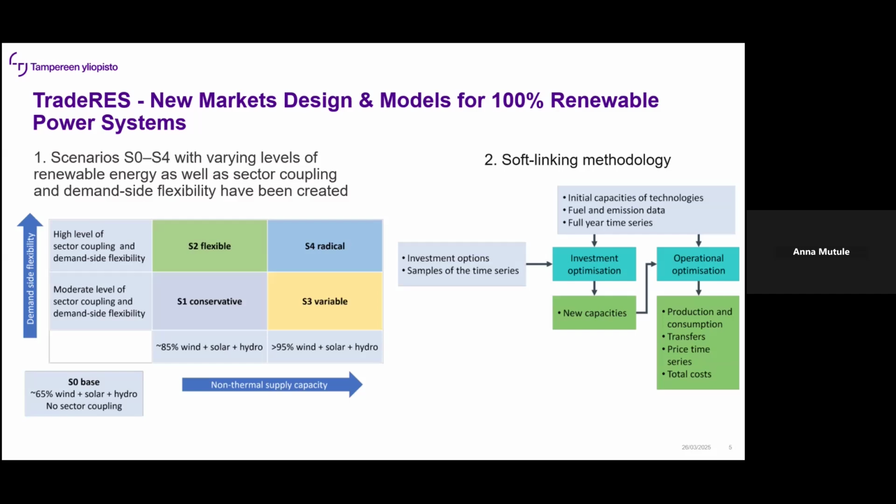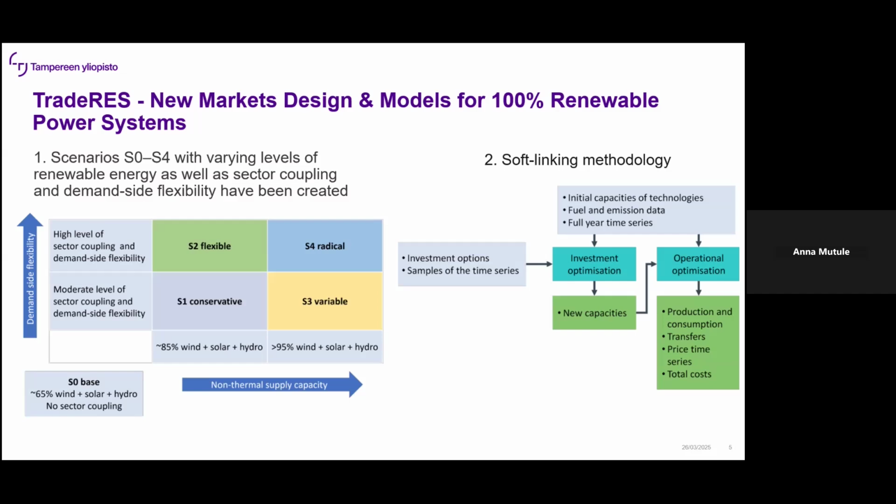These scenarios are labeled S0 to S4 and vary in renewable energy shares and levels of flexibility, together with constraints set on thermal capacity and assumptions made about demand from sectors like hydrogen, electric mobility, and heating.